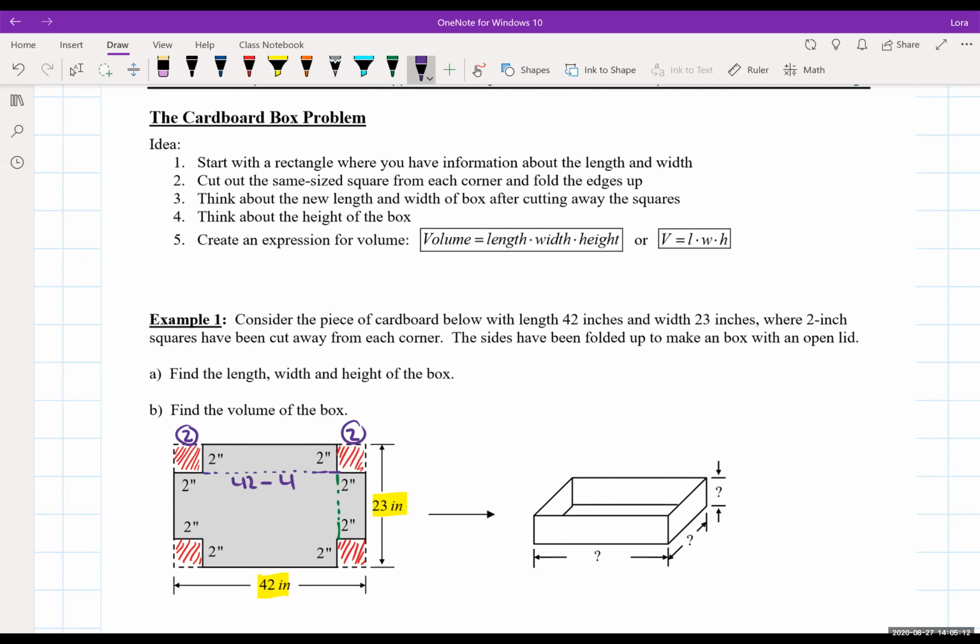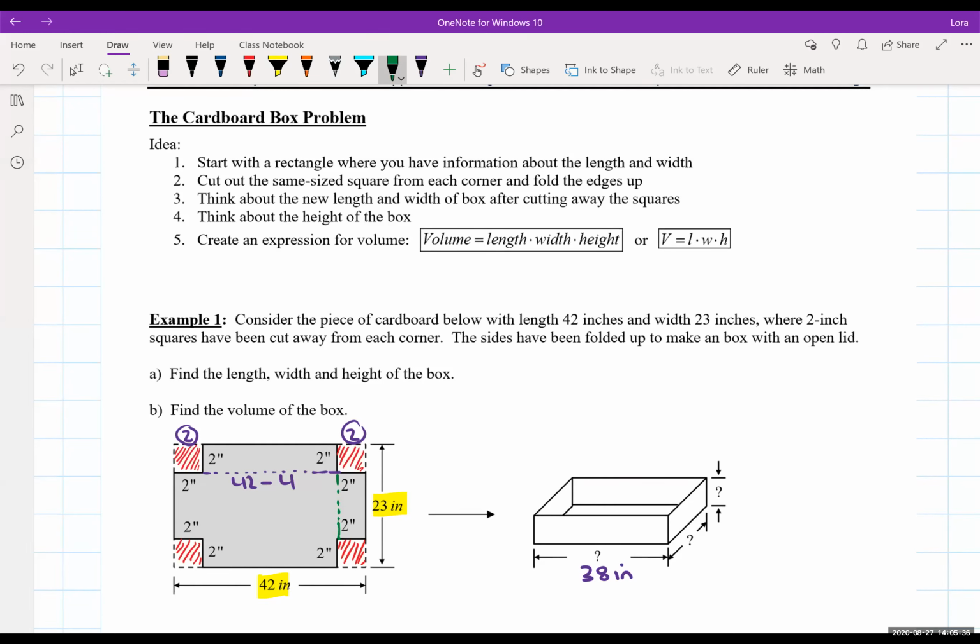Now, what is 42 minus 4? It's 38 inches. So after we translate this over, the new length should be 38 inches. That is the concept, knowing how much you're really cutting off. Same story with the width.